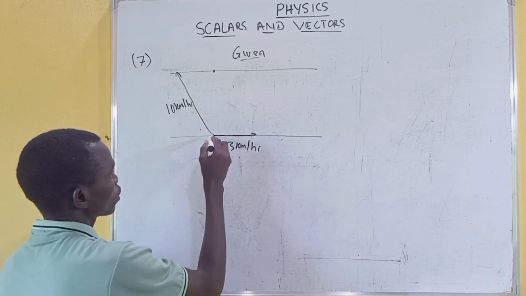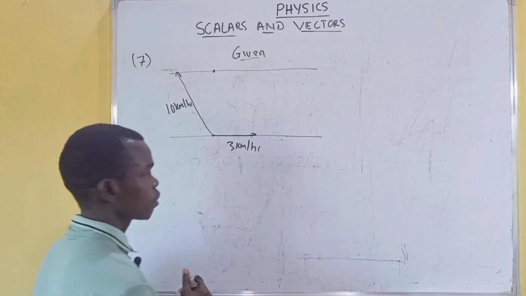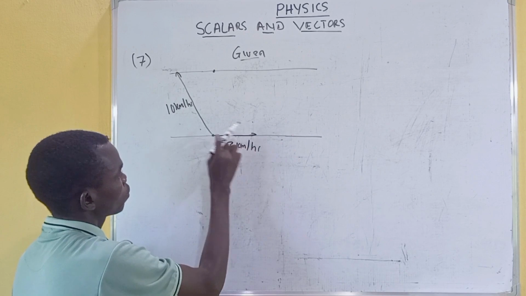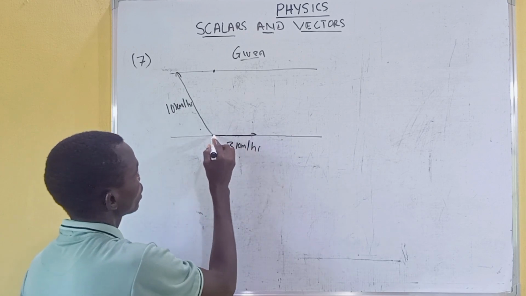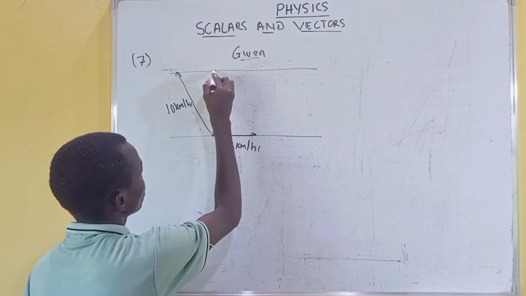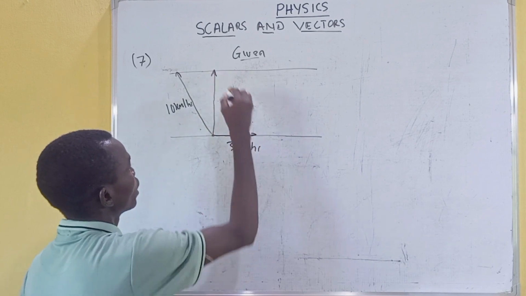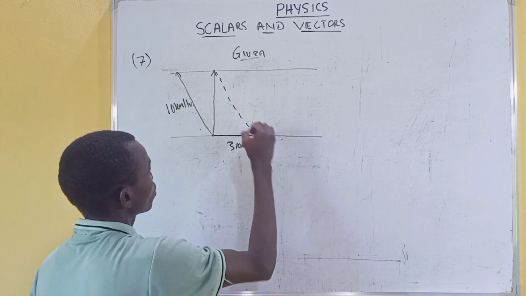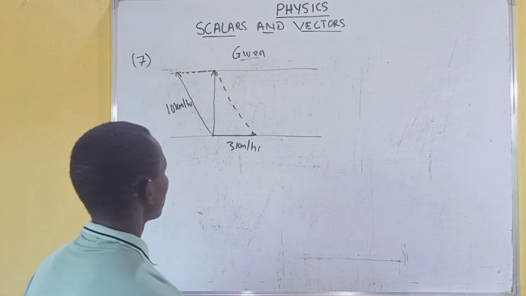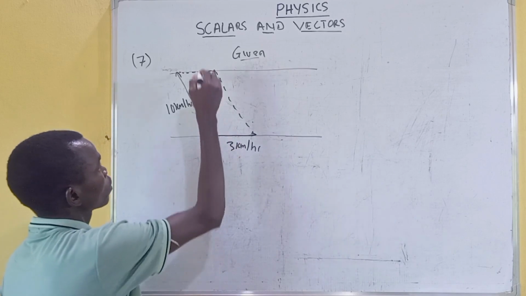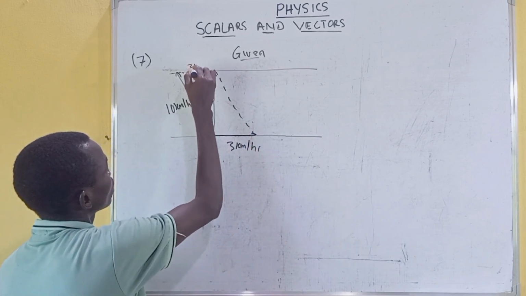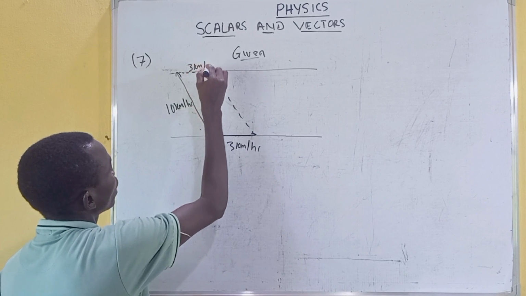From our parallelogram law, the line drawn from this point of intersection represents our resultant, which will be in this direction. So if we draw them together, this will be our parallelogram. From here, this line is equal to this line. Here will now be 3 km per hour.